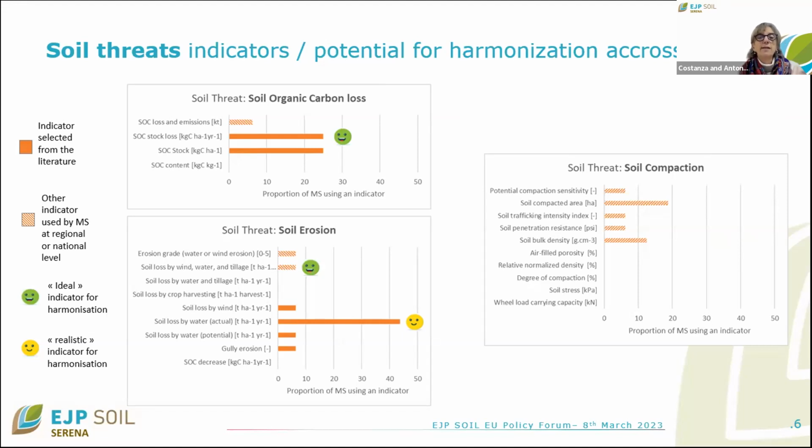So you can see that as concerns soil organic carbon loss and soil erosion, there is a high potential for harmonization across Europe, because more or less all the member countries do the same, and also according to literature, while for others, like soil compaction, there is a large difference and not so much literature.